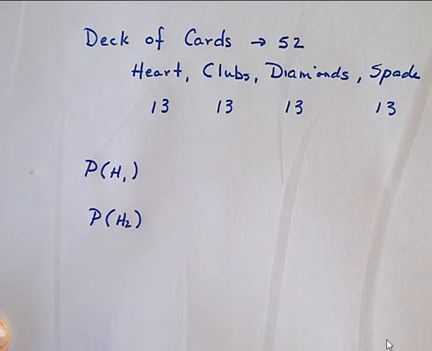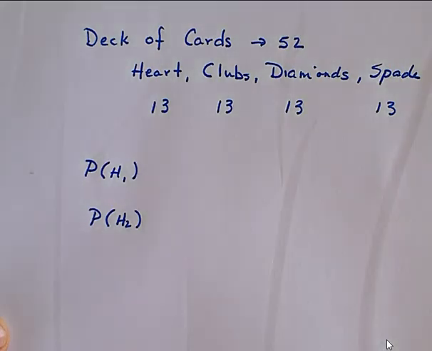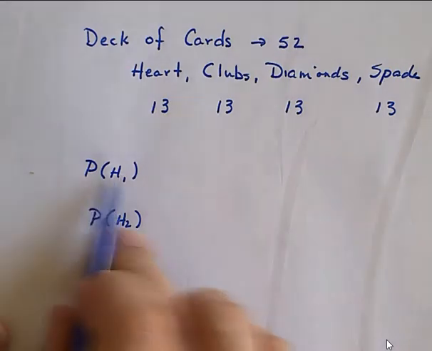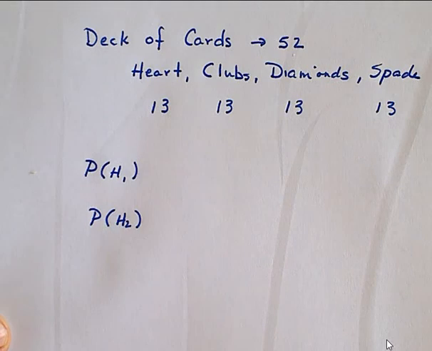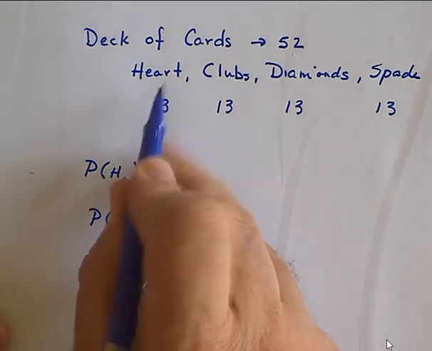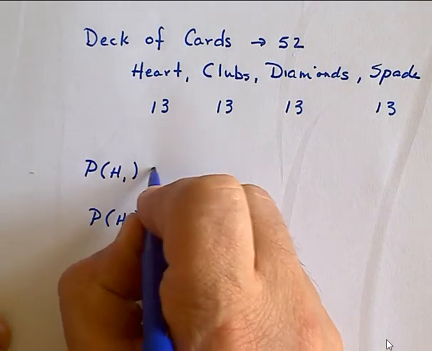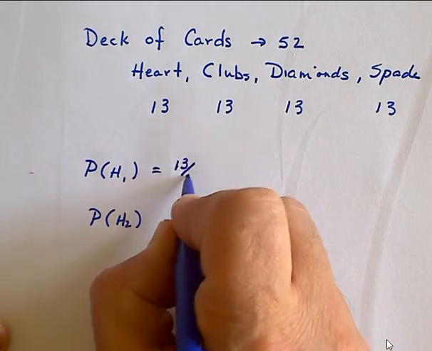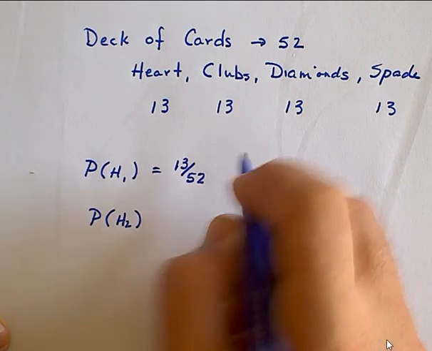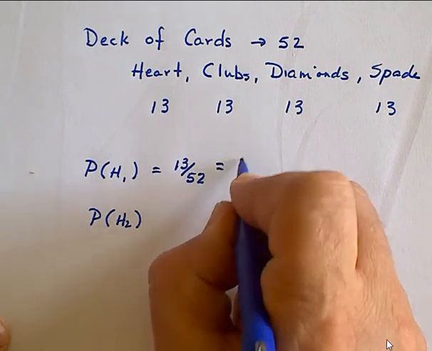Now, one of the things they talk about when we talk about independent events is the idea of replacement. Let's look at the probability of the first event happening. Well, the probability of drawing a heart, since there are 13 of them, would be 13 out of 52, which is 1 out of 4.